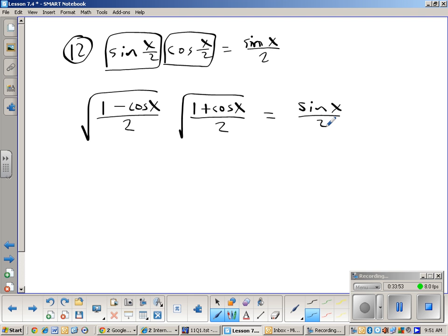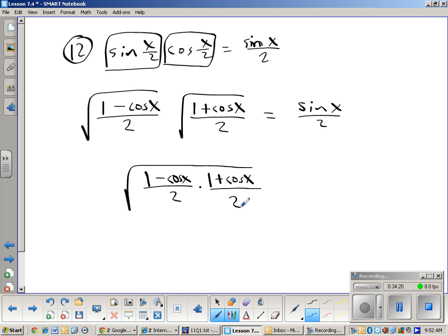And so this is 1 minus cosine x times 1 plus cosine x over 2. You agree with that? I see the whole connection now, but it took me a long time.